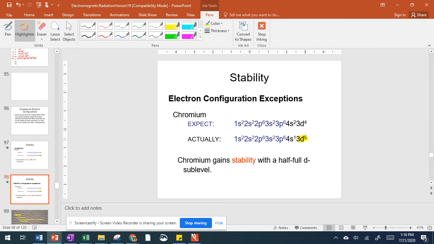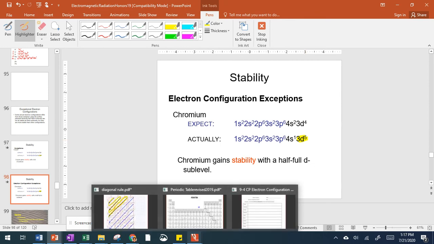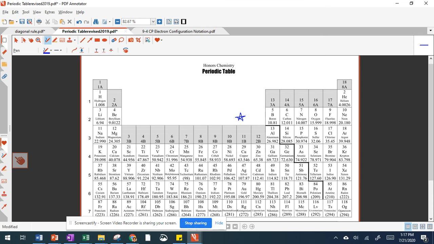So half-filled or filled D sublevels are very stable, and the element will make adjustments to make that very stable configuration. So on your periodic table, I want you to also label group 6. So we see this with chromium, molybdenum, and tungsten. If I ever gave you seaborgium, we would see it with that also.